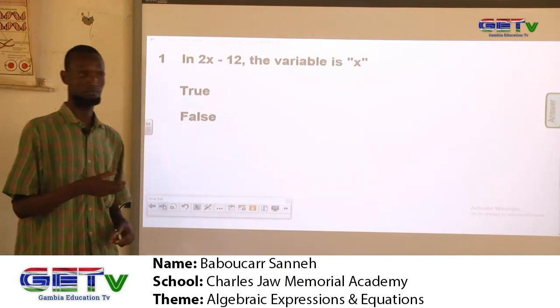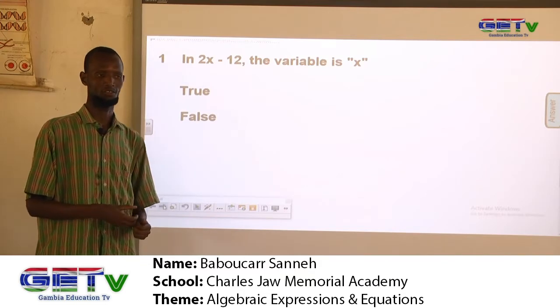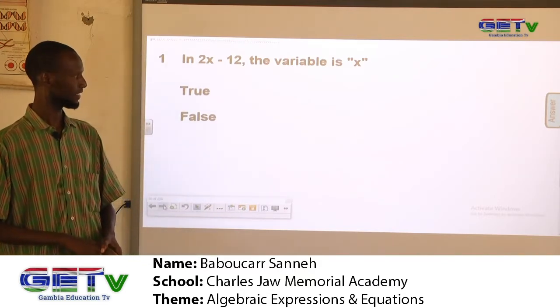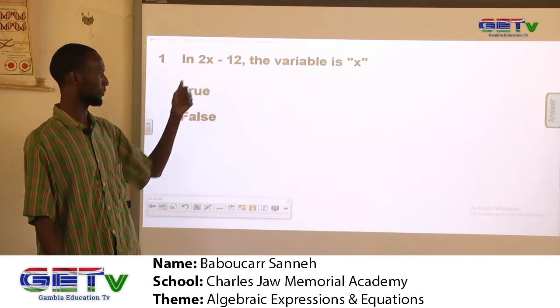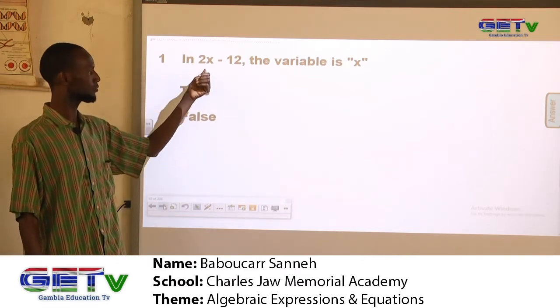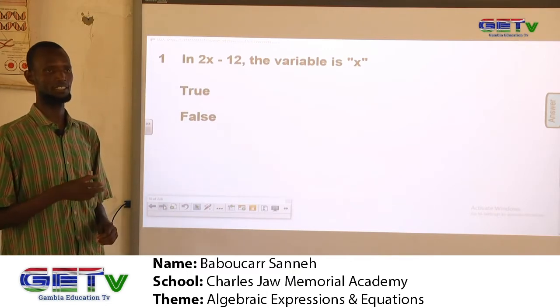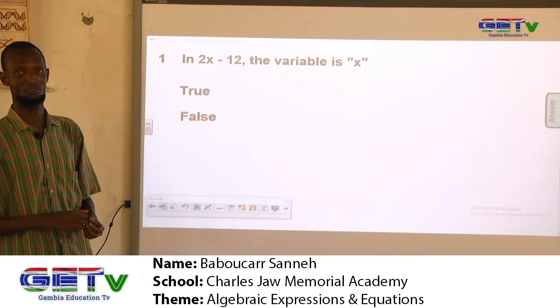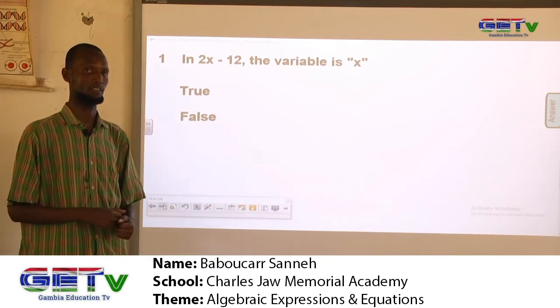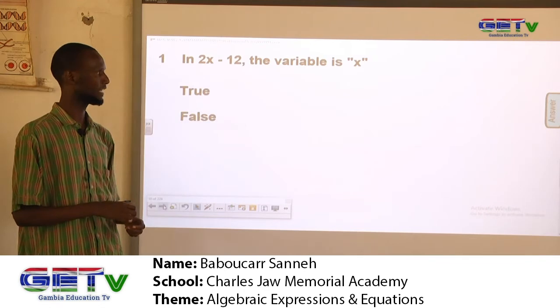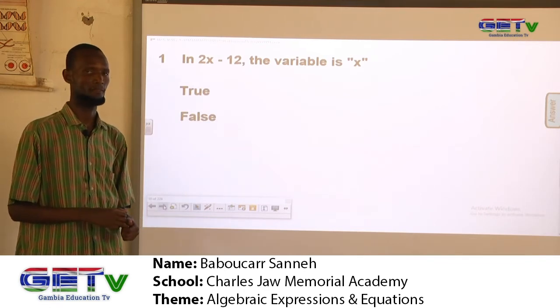Now, let's look at a few questions to see if we are following what we have been saying. Here we have an example. It says, in 2x minus 12, the variable is x. Based on what we have said previously, will we agree that in that expression, the variable is x?